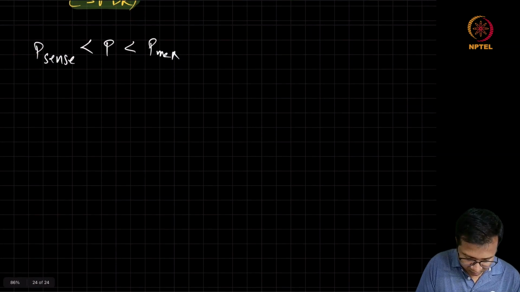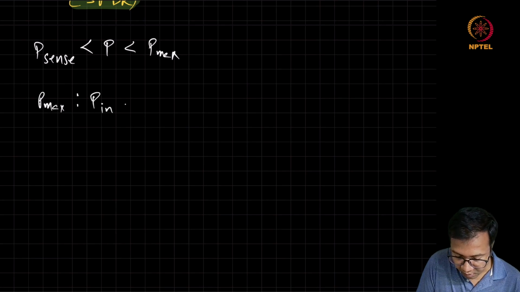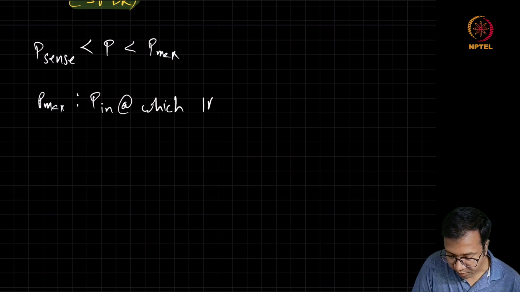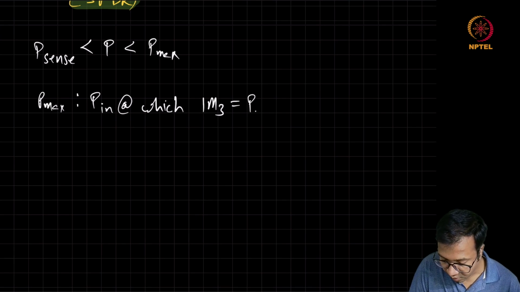To do that, we know Pmax corresponds to the P in at which IM3 becomes equal to the noise floor.